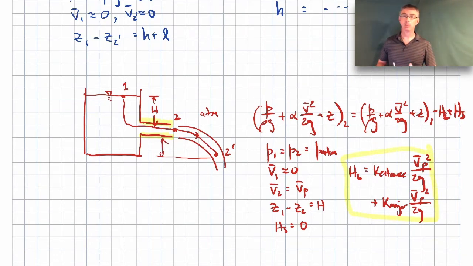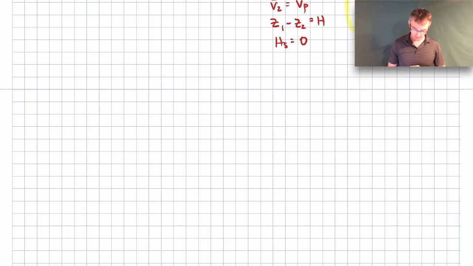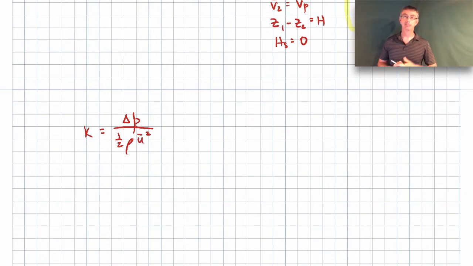Now the second item I wanted to comment on concerns equivalent lengths of pipe. Now we've talked previously about using loss coefficients to express the losses in various devices. It's just the pressure difference across the device divided by the dynamic pressure, typically leading into the device or maybe exiting the device, but some characteristic dynamic pressure for the device.